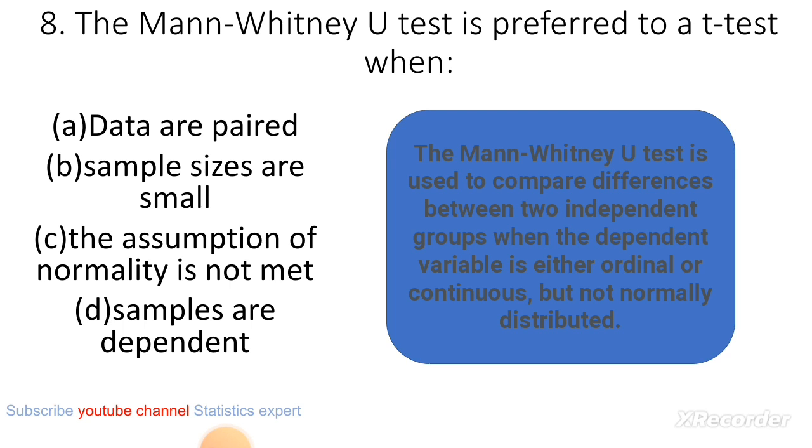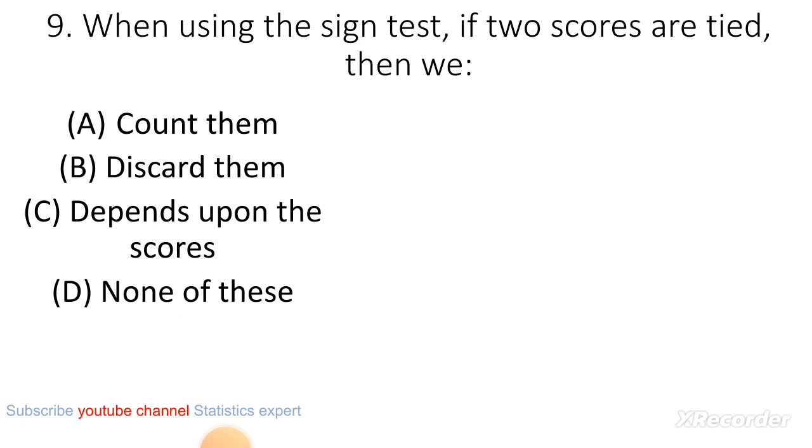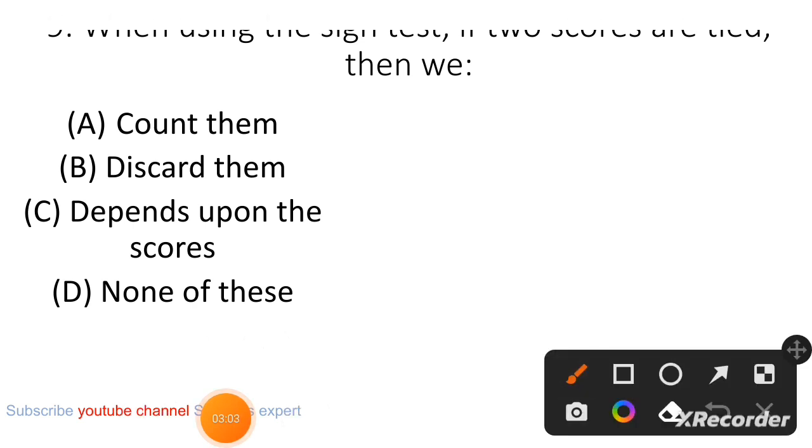Next question: when using the sign test, if two scores are tied, then we A, count them; B, discard them; C, depends upon the scores; D, none of these. Hence the correct option is discard them, so option B is correct.